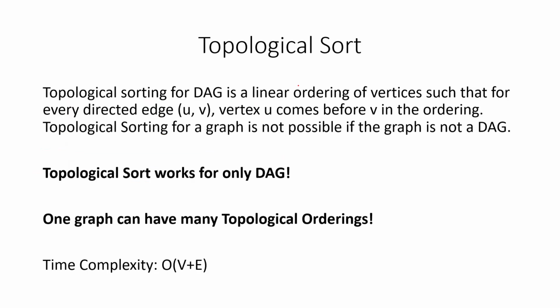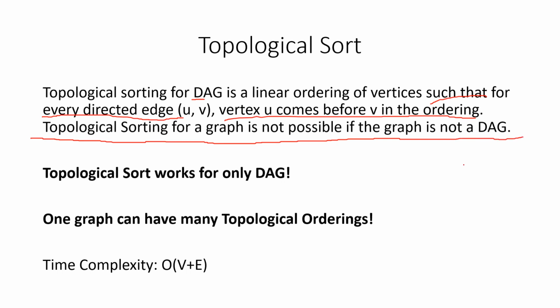Next I want to talk about the topological sort, and the topological sort works only for a directed acyclic graph. Topological sort is a linear ordering of vertices such that for every directed edge UV, vertex U comes before V in the ordering. Topological sorting for a graph is not possible if the graph is not a directed acyclic graph.